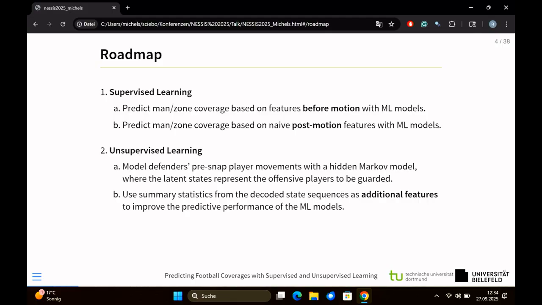So we have an outer loop with the supervised model, and an inner loop with the unsupervised learning. This is mainly the focus of this talk, to tell you how this works. Who knows about hidden Markov models? Not too many. So I have a short introduction.